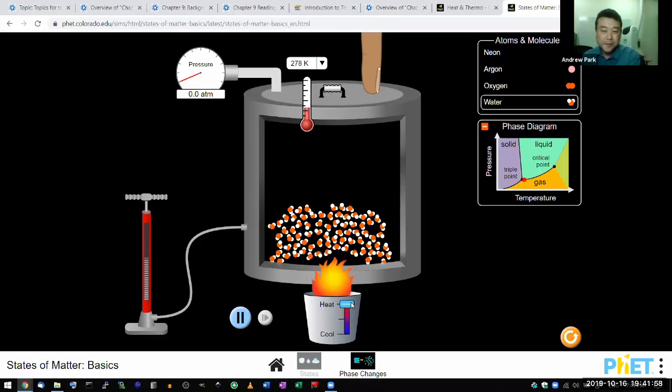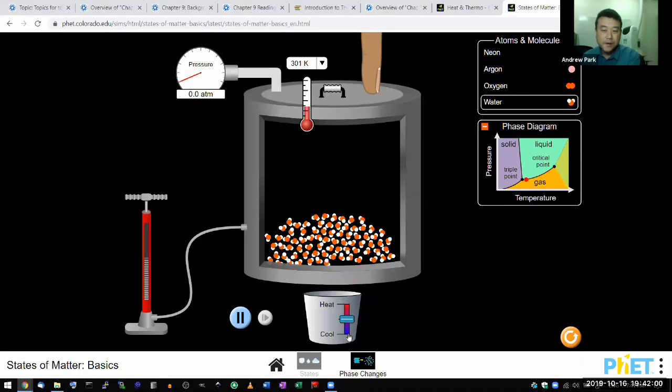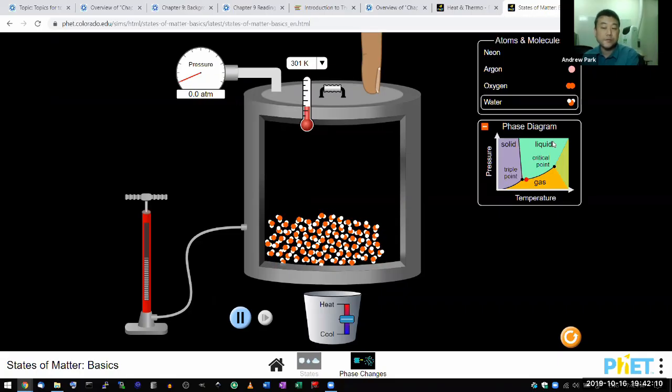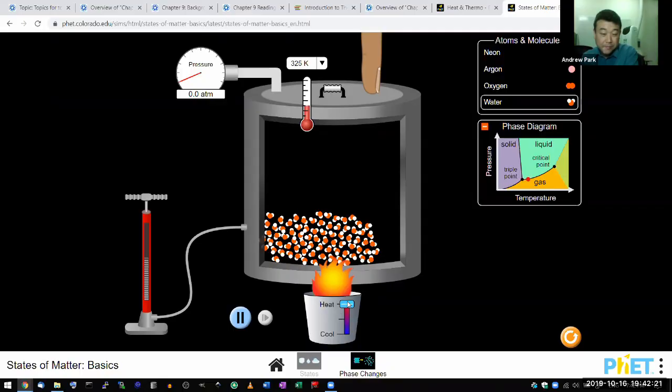So at this point it's at high enough temperature that it forms into liquid. Right now it's at the boundary between liquid and gas. And you might ask, what do you mean boundary? Well, let me heat it up a little bit, then you can see it more easily.